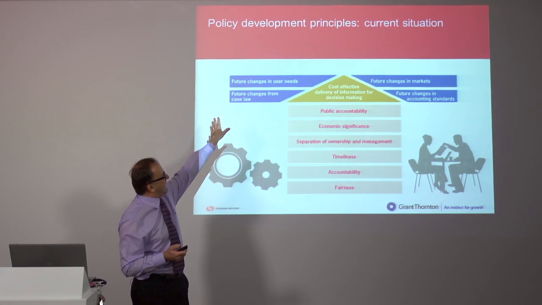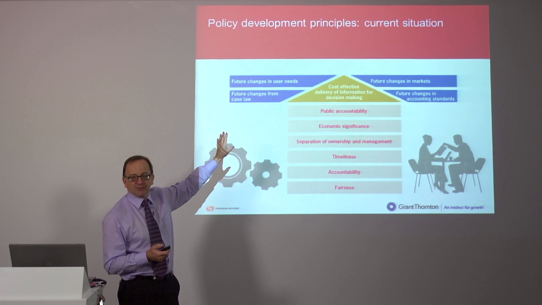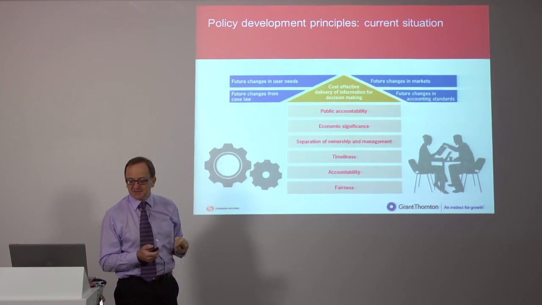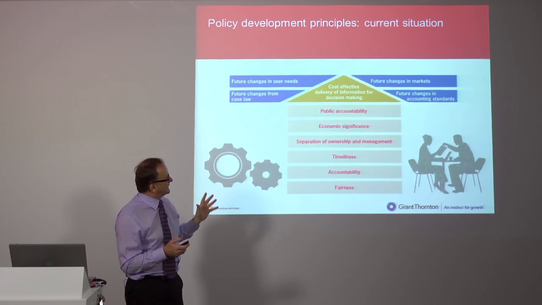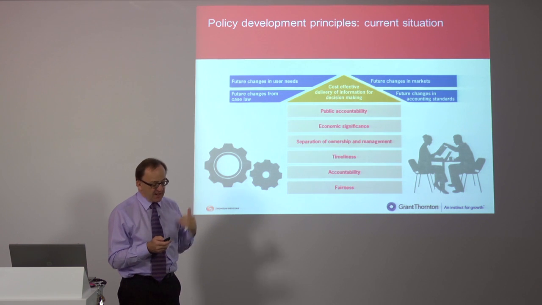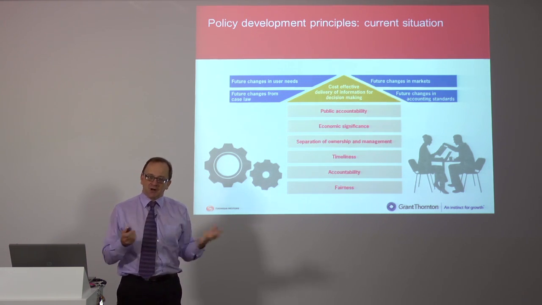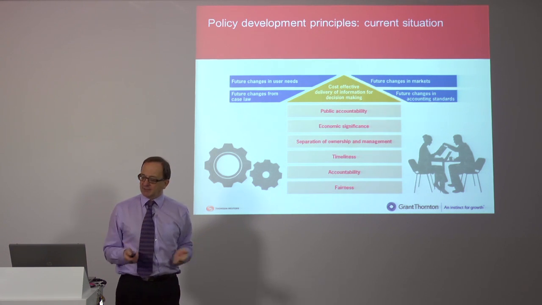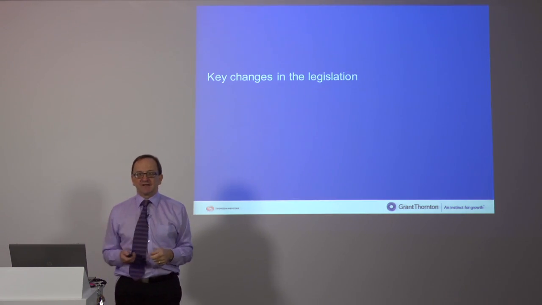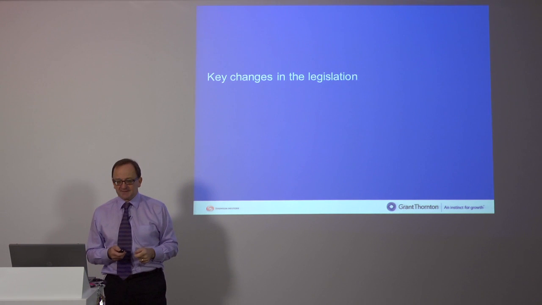And obviously it's a backdrop against the markets and what's happening. So I suppose in summary, we've got these policy development principles giving rise to a whole host of changes. And now what we're going to do is drill down to what some of these changes are.